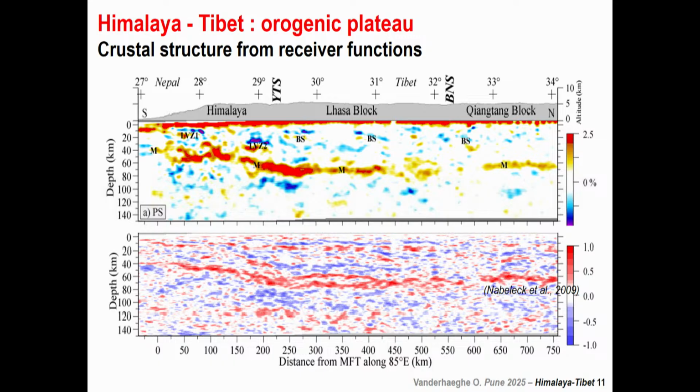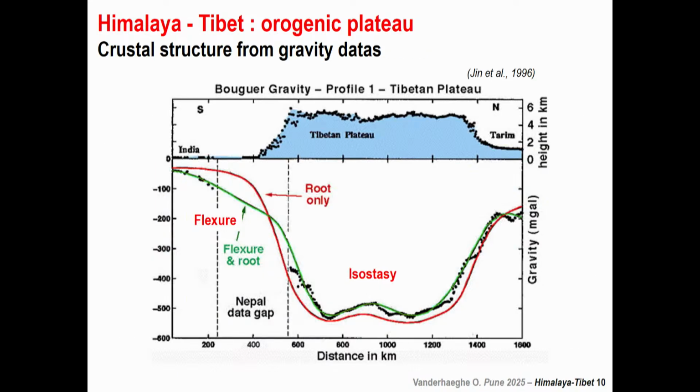These correspond to P versus S wave conversion. So it means that the rocks underneath will propagate the seismic waves faster or slower. And these look like they are horizontal. You see some obliquity here at the front, but beneath Tibet, it's all horizontal.